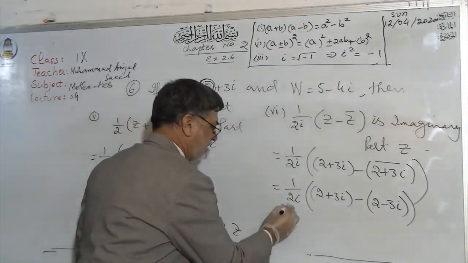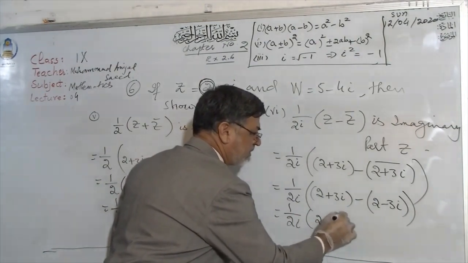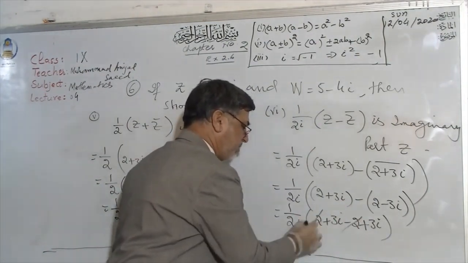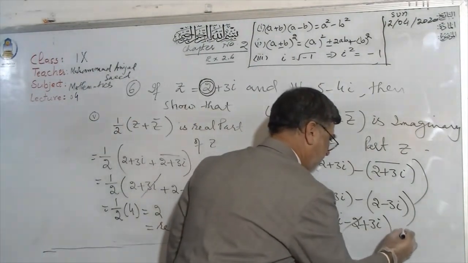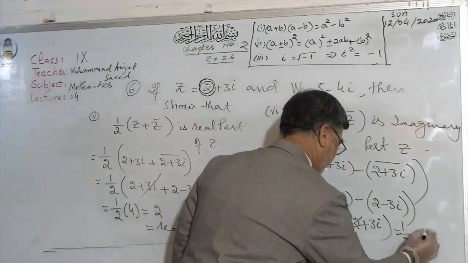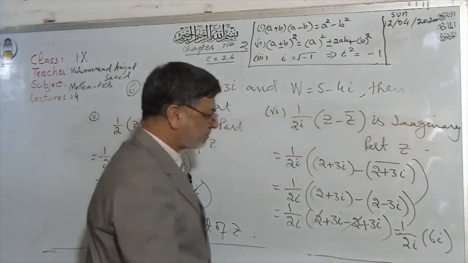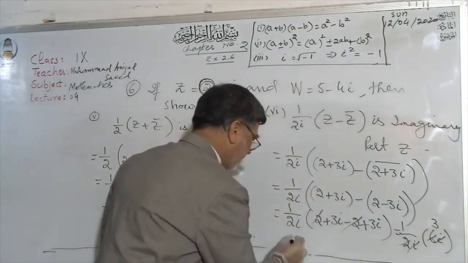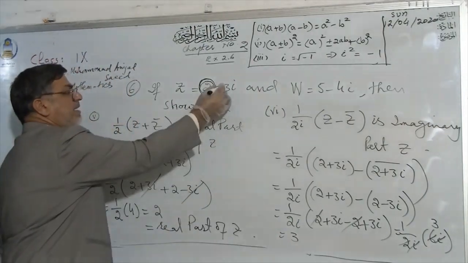Here is 1 over 2 iota into (2 plus 3 iota minus 2 plus 3 iota). 2 and minus 2 cancel out, and we have 1 over 2 iota into 6 iota. You cancel it, it will be 3. So what is 3? 3 is the imaginary part.